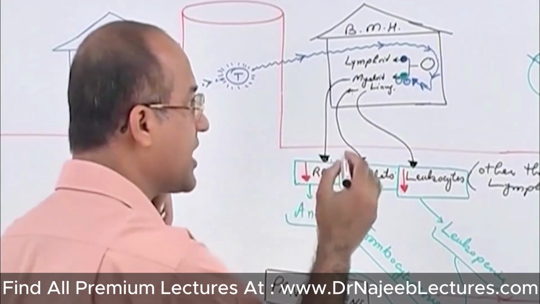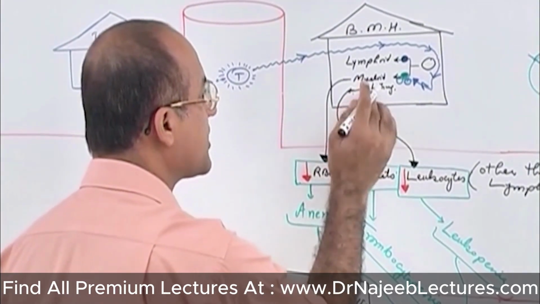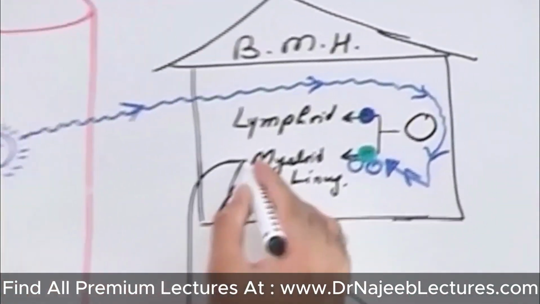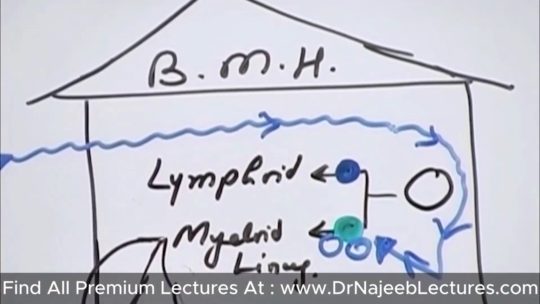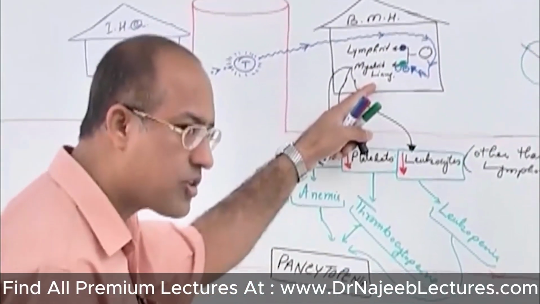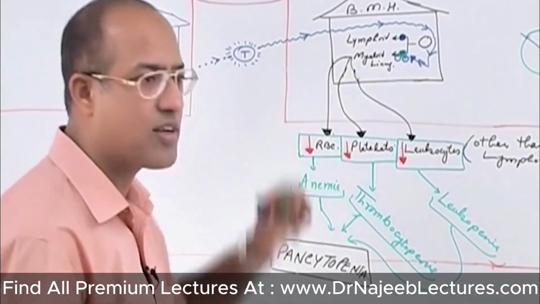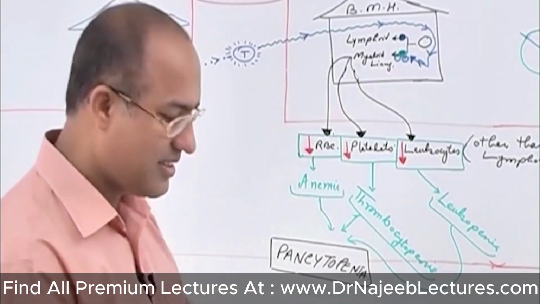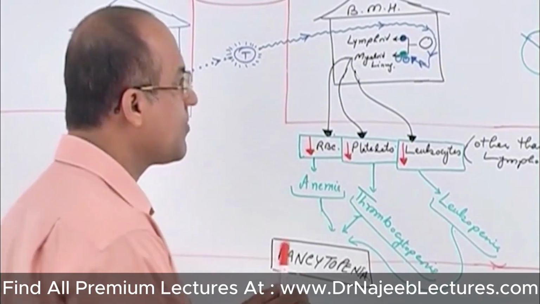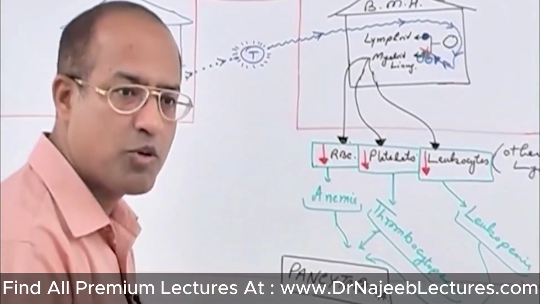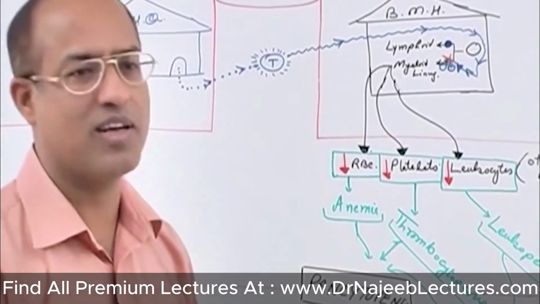But when you do a bone marrow picture, what do you find in the bone marrow? Yes, please. What do you find in the bone marrow? Will the bone marrow be hypercellular, normocellular or hypocellular? Of course, bone marrow cells are being destroyed. As bone marrow cells are being destroyed, the bone marrow is hypocellular.